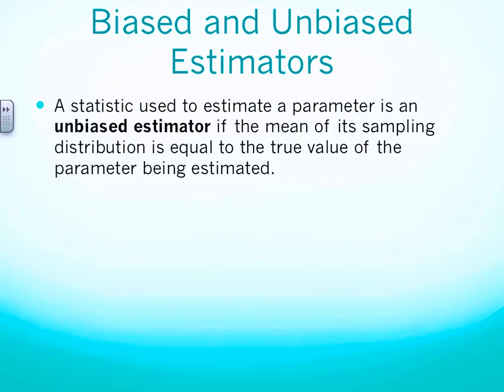So I think that it's worth saying that we're not going to trust all of our estimators in a sampling distribution. We won't be able to trust maximums or minimums or ranges in a sampling distribution, but we will be able to trust proportions and means, because they will always be centered at your true value.